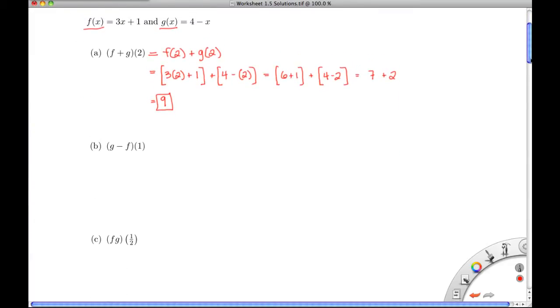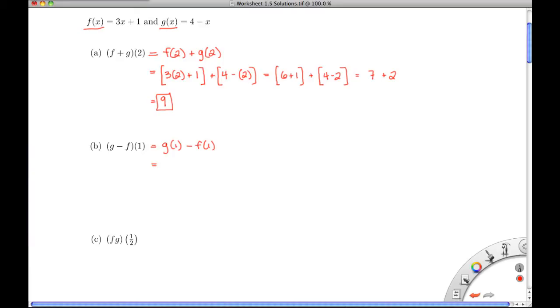For part B, we're asked to find g minus f of 1. Same idea. Let's rewrite this to get another idea. We could find g of 1 and then subtract f of 1 and find our answer that way.